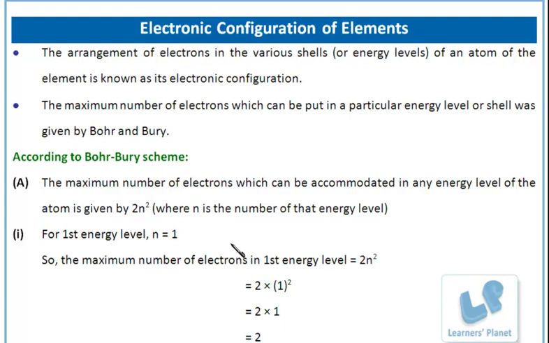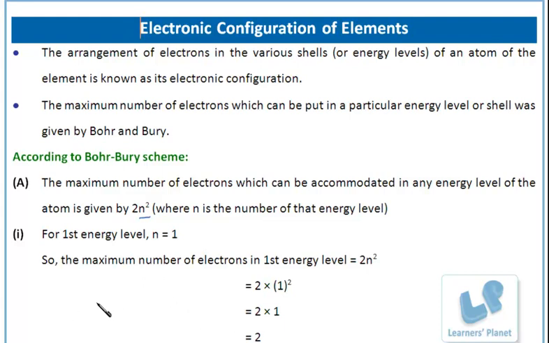Now in the first energy level, n is equal to 1. So the maximum number of electrons in the first energy level can be 2.